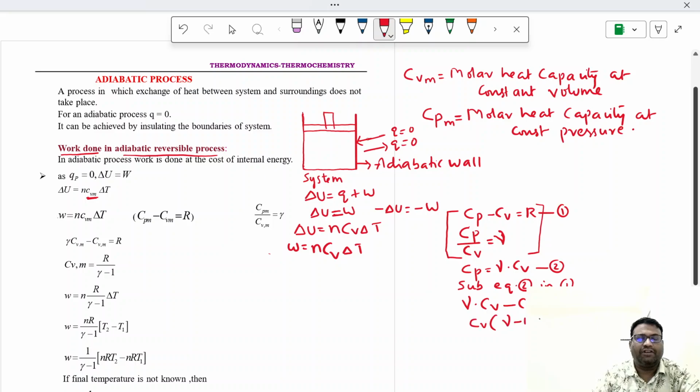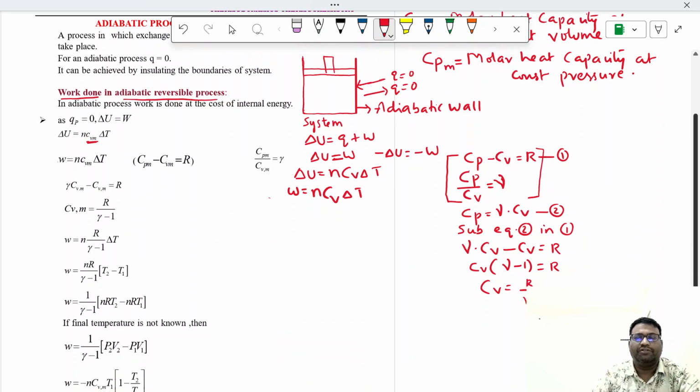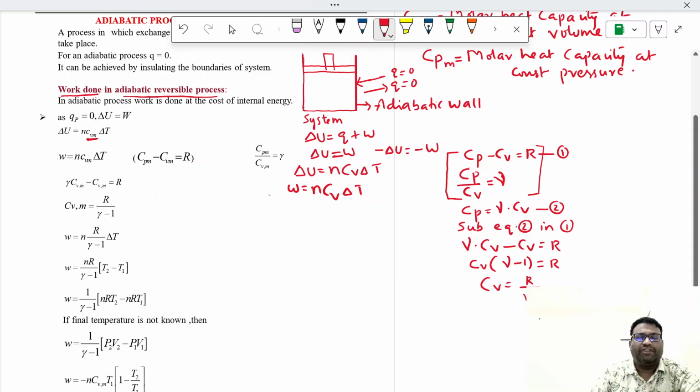Gamma minus 1 is equal to R. Instead of Cv, I can write Cv is equal to R by gamma minus 1. Understood? So Cv is equal to R by gamma minus 1. So let it be equation 3.